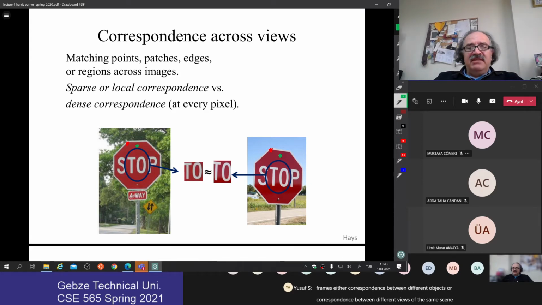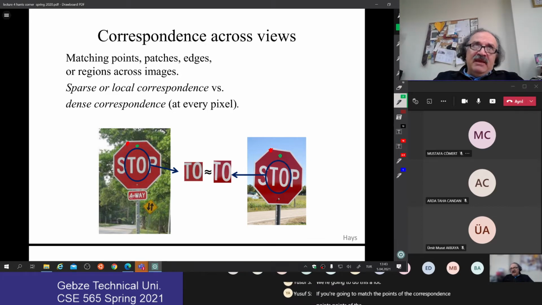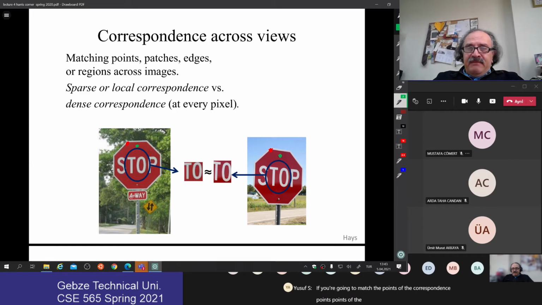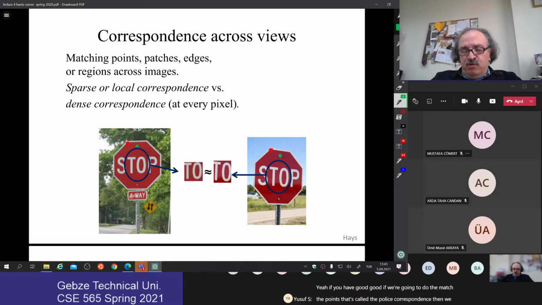We are going to do this a lot. If we are going to match the points, that's called point correspondence, then we need to pick those points first. Okay.